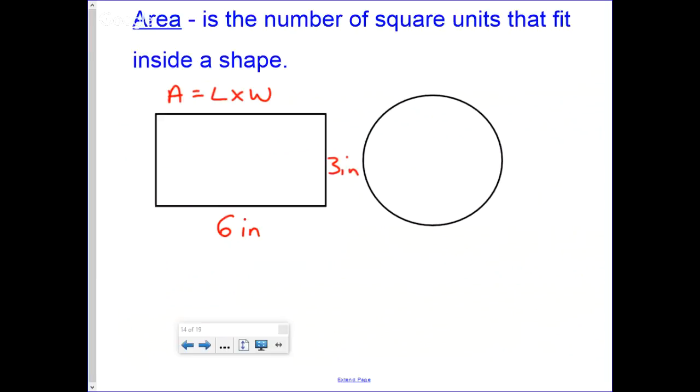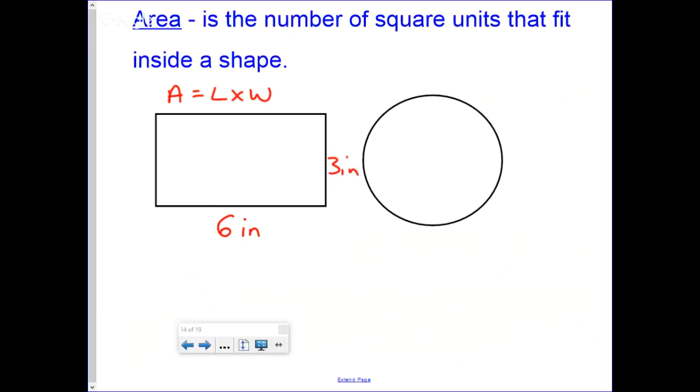Okay. Now, the area is the number of square units inside of a figure. So we have 1, 2, 3, 4, 5, 6. Actually, there's one too many, so let's fix that real quick.